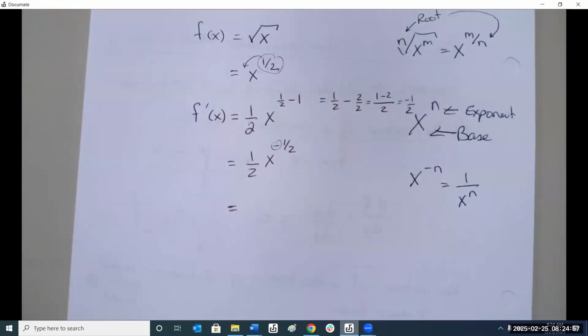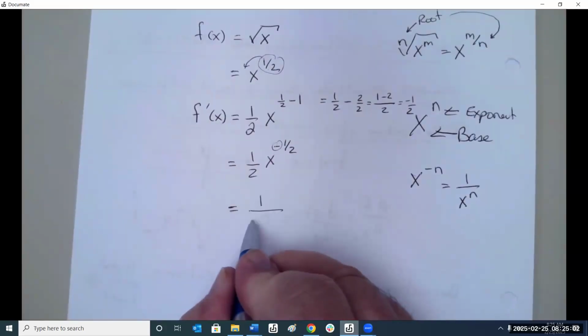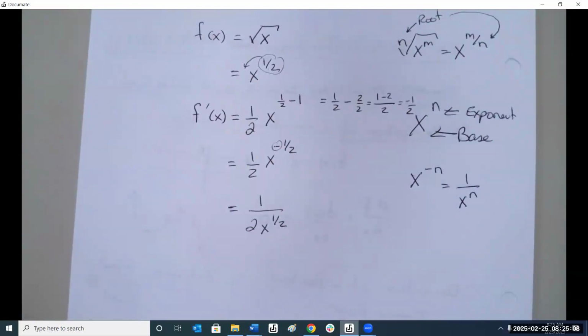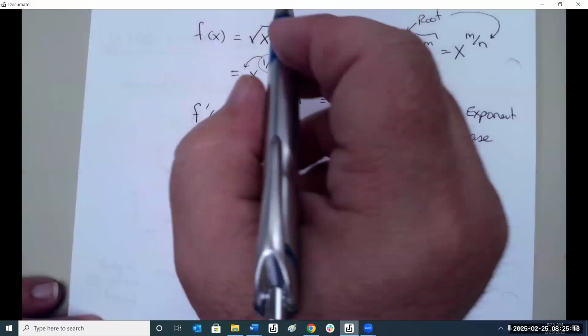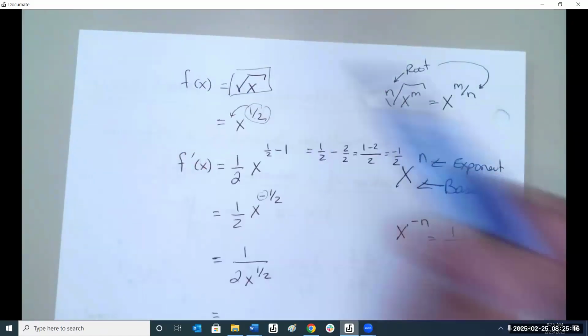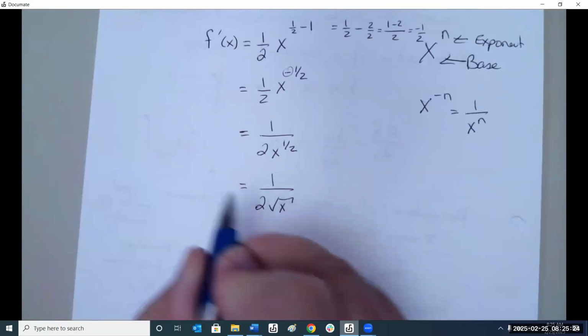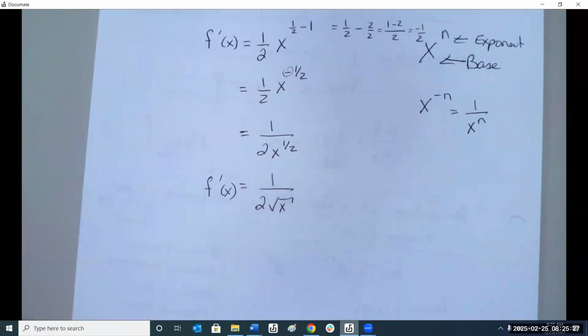It doesn't make the answer negative, it just changes the location of the number. So this becomes 1 over 2x to the power 1/2. And then we have to go back. Since we started off in radicals, our answer has to end in radicals. So our final answer is that. That's the power rule.